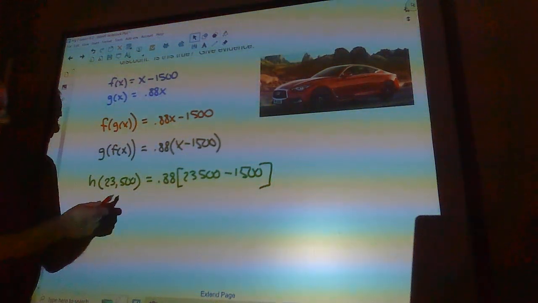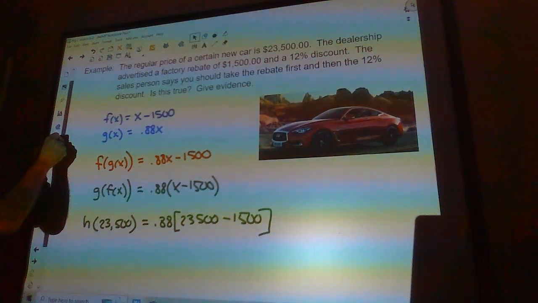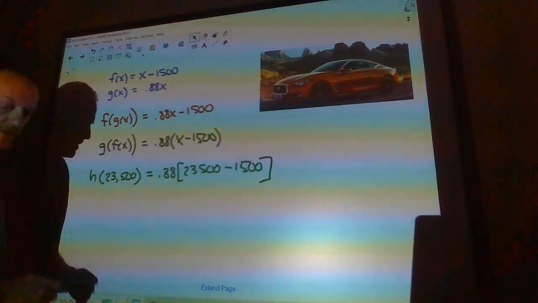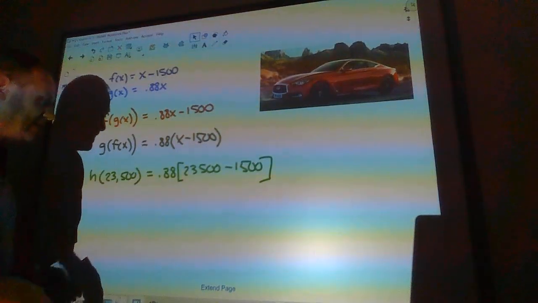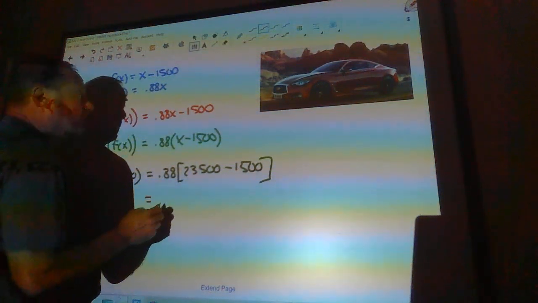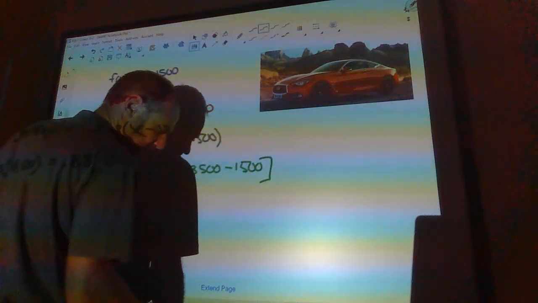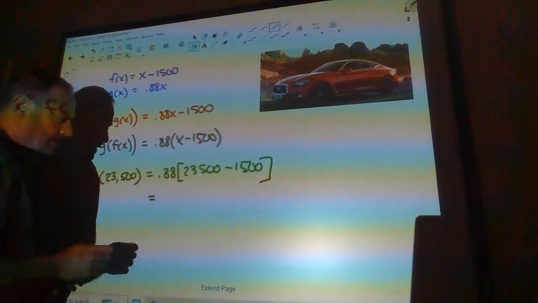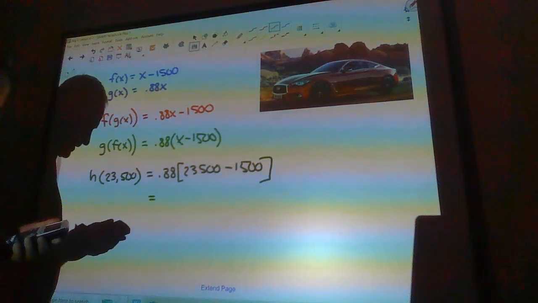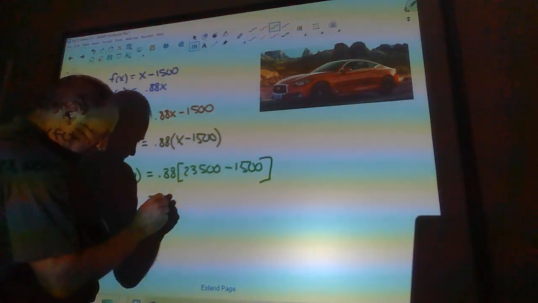Okay. So that would be taking the discount first and then taking 88% of that. Okay, so we get out our handy-dandy TI-84 Plus C Silver Edition graphing calculator. Sorry, guys. All right, so 23,500 minus 1,500 is 22,000.